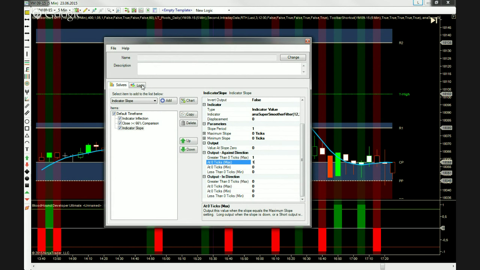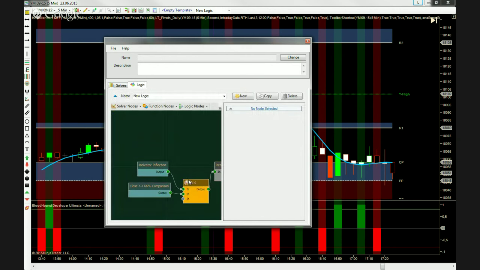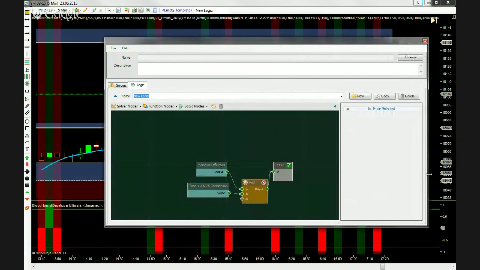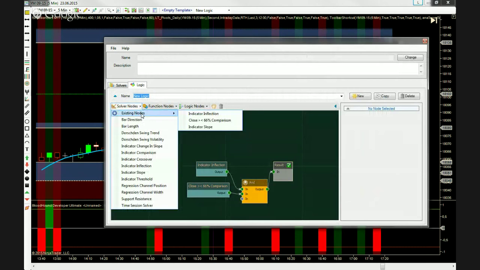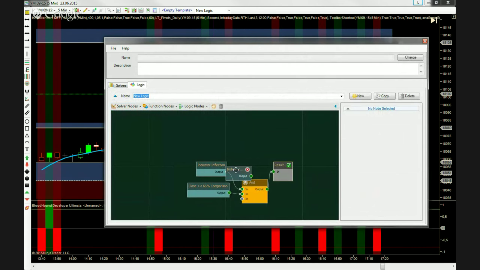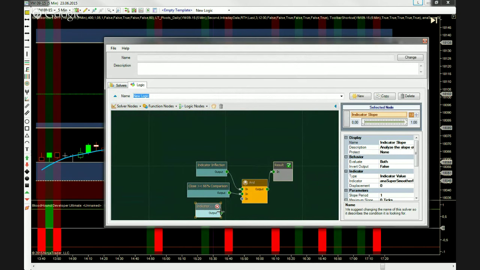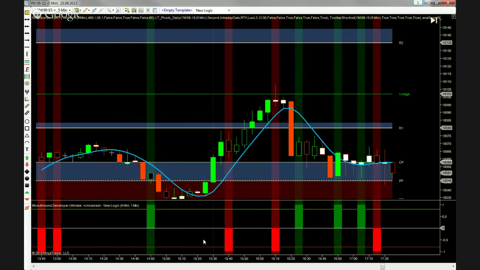Okay, so we have that. We go back into the logic tree here, and we add the indicator slope. And there we have it. So slope is moving down into a support area here, the pivot, and we get a long signal.